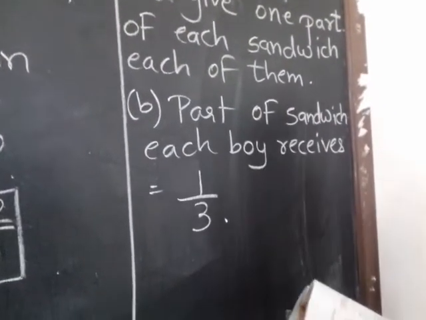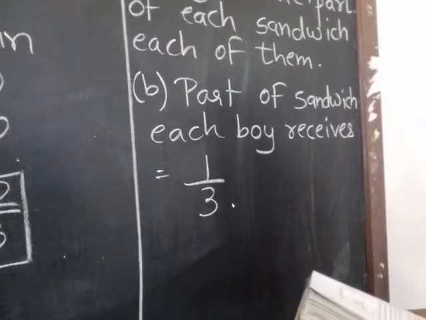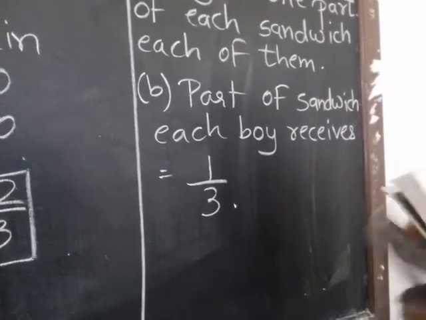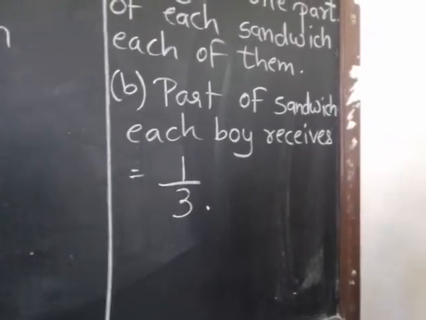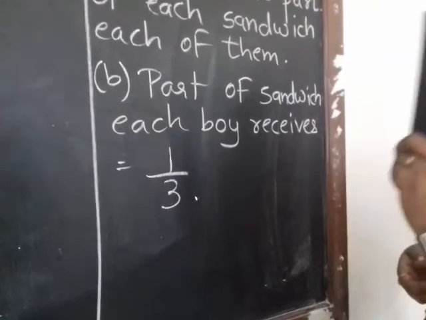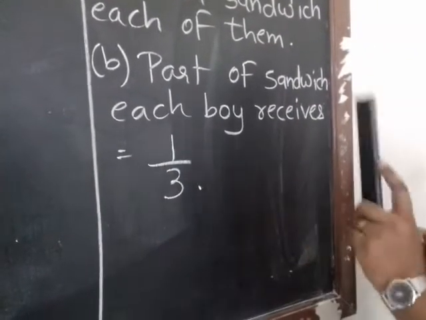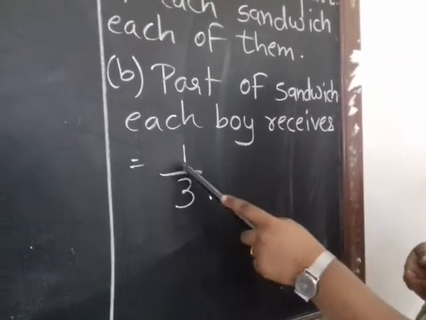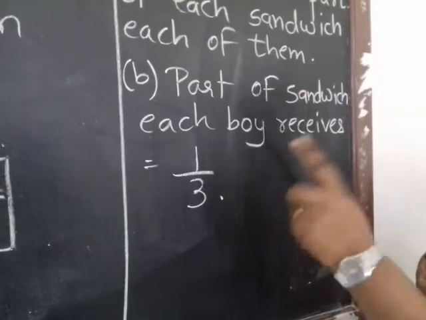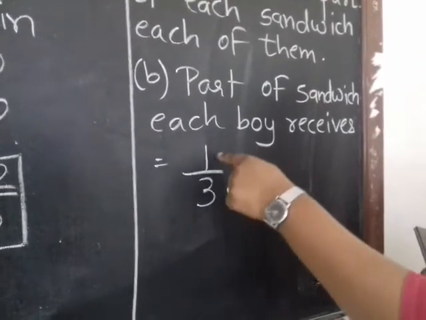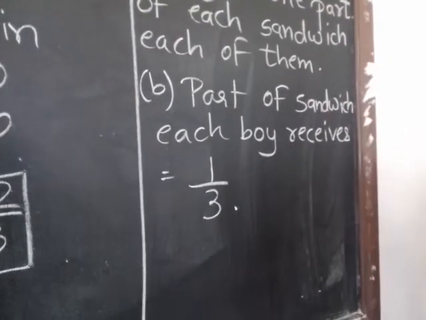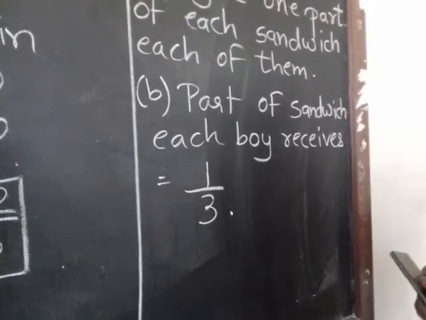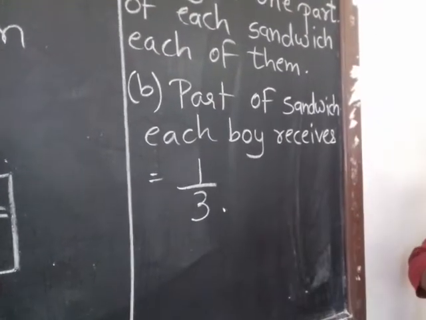Okay, coming on to B. What part of a sandwich will each boy receive? What part of a sandwich means out of the vegetable sandwich, the 3 students will get how many equal parts? So 1 part of a vegetable sandwich will be shared by Arya, 1 part by Abhimanyu and 1 part by Vivek, right?